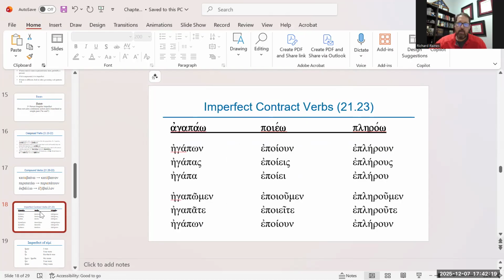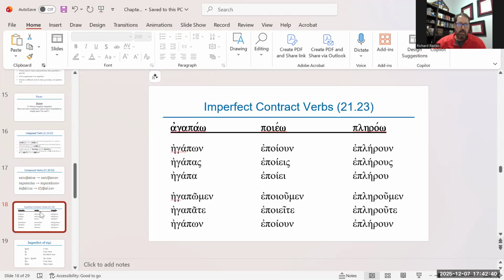Agapao, which is I love, poieo, which is I make, and plēroo, which is I fill or I complete. I'm sorry, my phone's going off. And so here are first, second, third singular, first, second, third plural forms. You have to memorize these paradigms, but it's not going to be too hard.